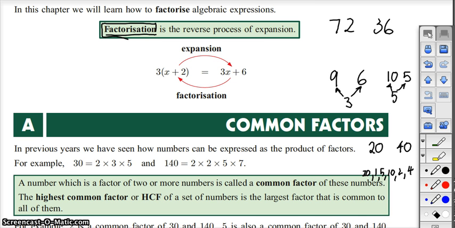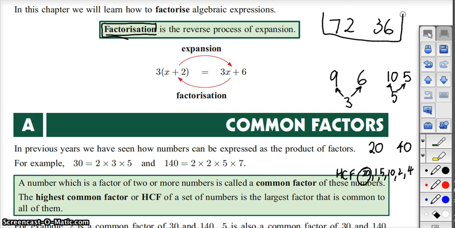Those that know their times tables would acknowledge that 4's go into 20 and 40. 2's going to 20 and 40, 10's going to 20 and 40, 5's, 1's and 20's. When they're asking for the highest common factor, they're after the highest one. They're all common factors. The highest one is 20.